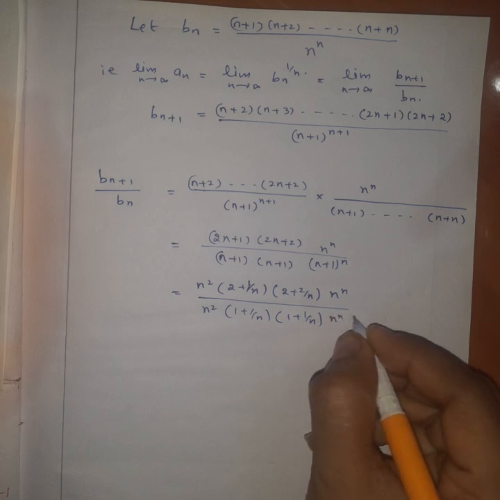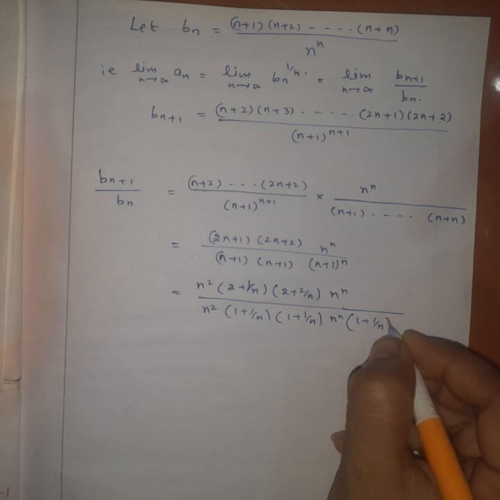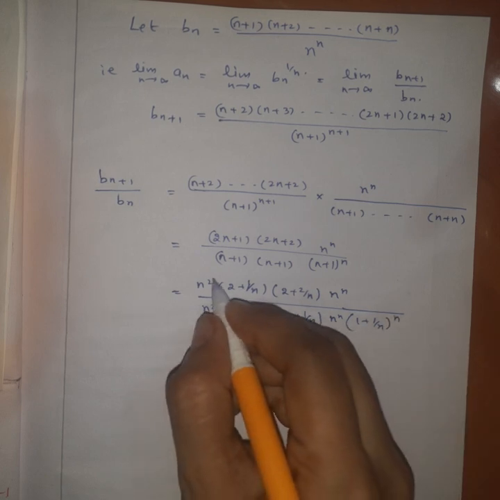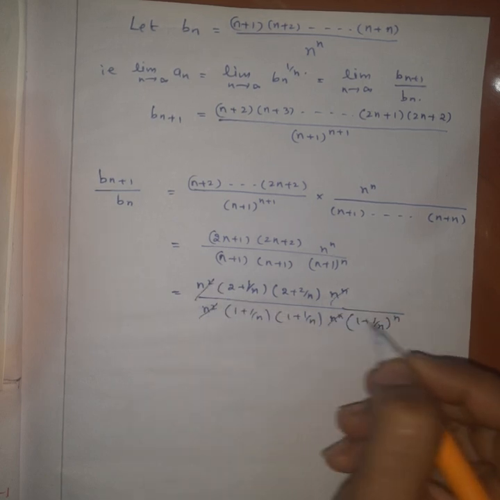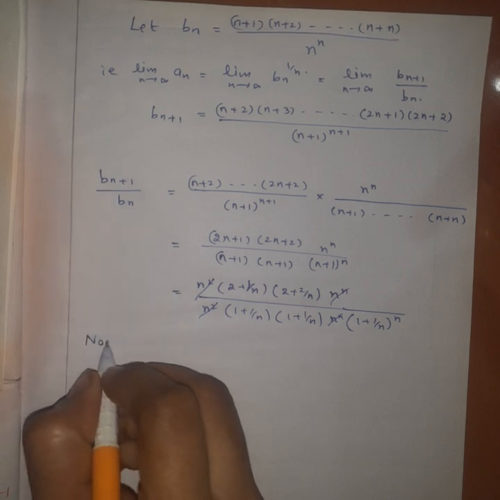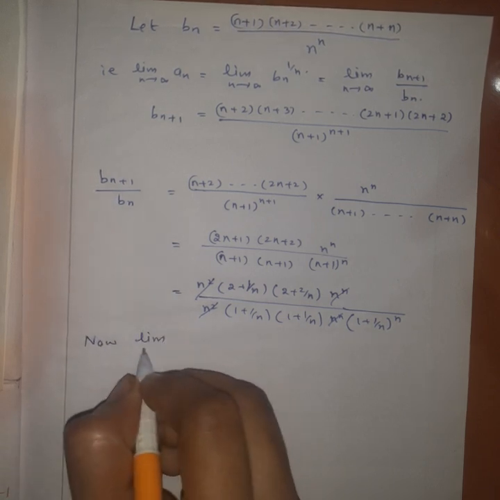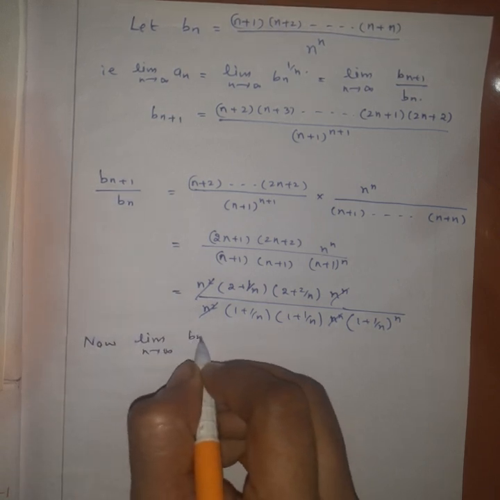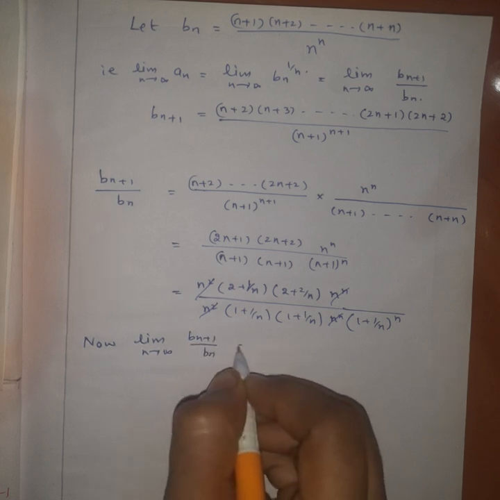Here also n to the power n, I will take it out. So remaining is 1 plus 1 by n to the power n. So cancelling the terms.